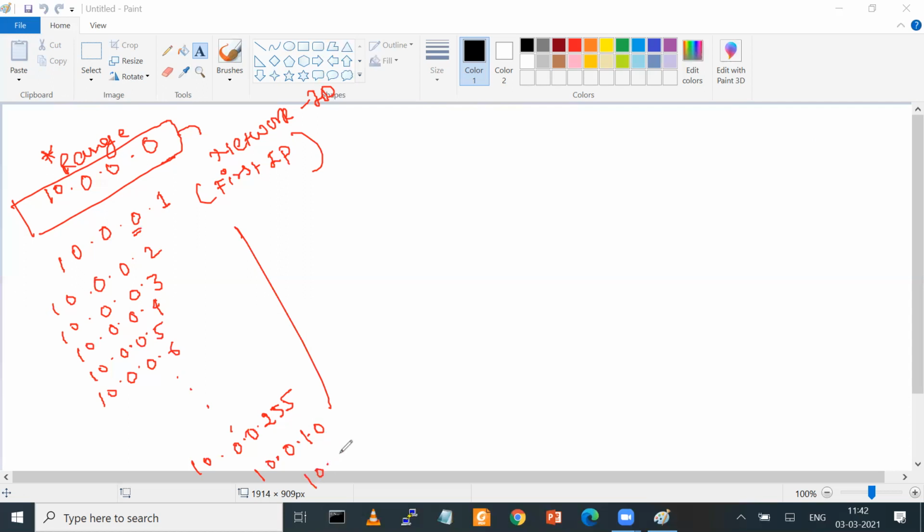Now I again write 10.0.1.1, 10.0.1.2, 10.0.1.3, 1.4, 1.5, 6, 7, like this.